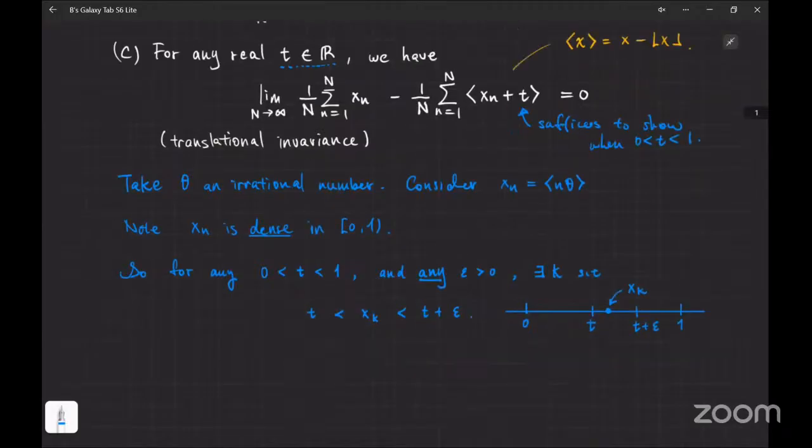So let's write distance. Let's try L to be the distance of xk minus t. So this distance right here, it's L. All right.